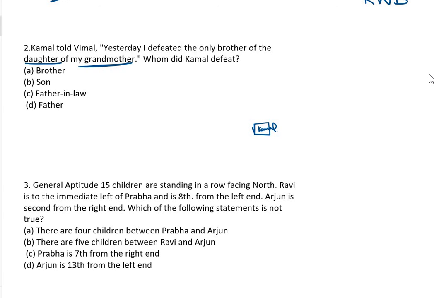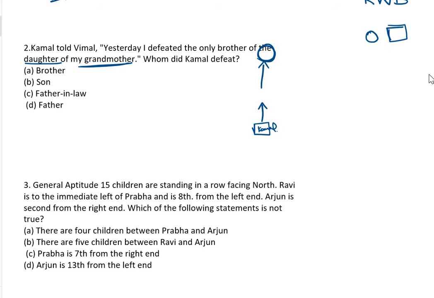My grandmother, so in between one generation is there. We use an arrow mark for mentioning the generation. So one generation is the grandmother. I already explained in the previous video that for girls, for understanding, we take a circle, and for boys we take a rectangle. It will be easy for us to conclude the answers.